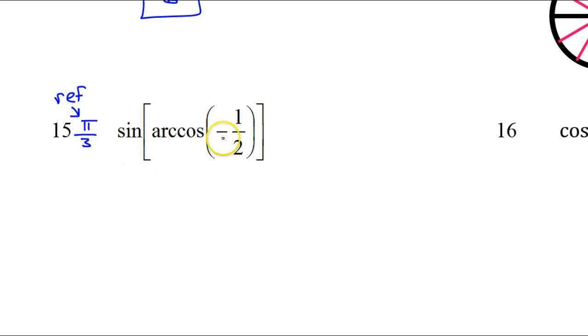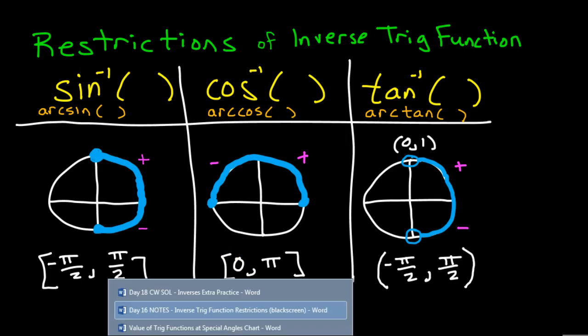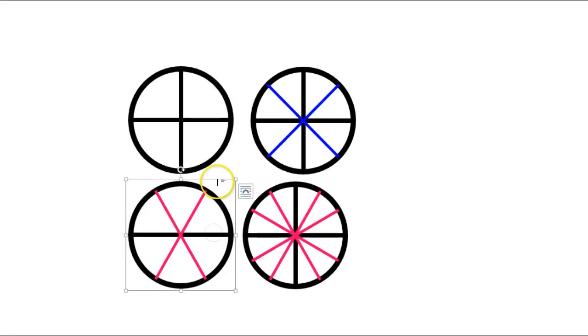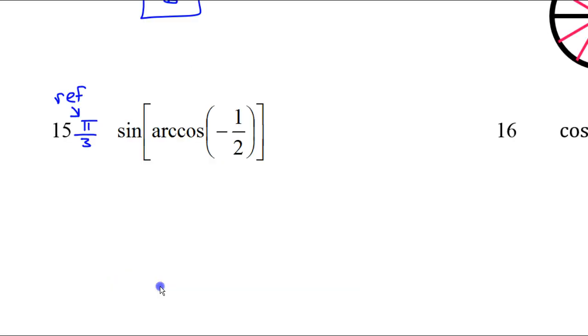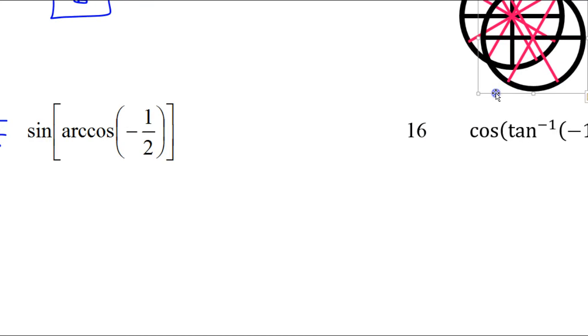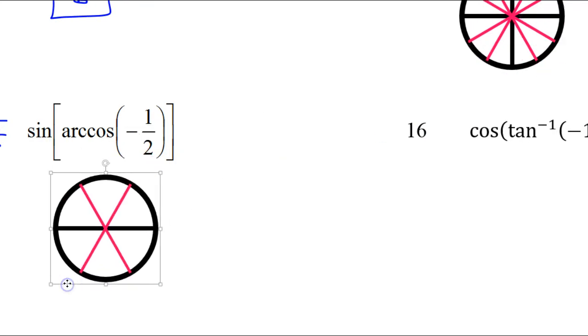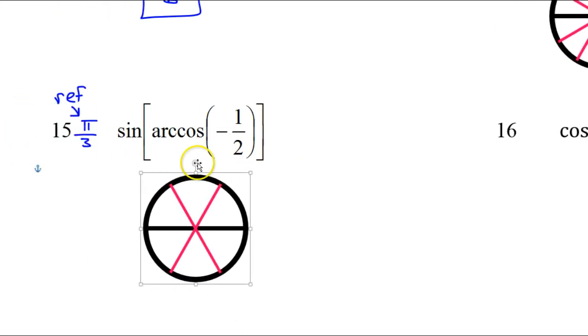Now I want negative 1/2, so let's look at a unit circle. Alright, we were talking about pi over 3's. All four of these angles have a reference angle of pi over 3.